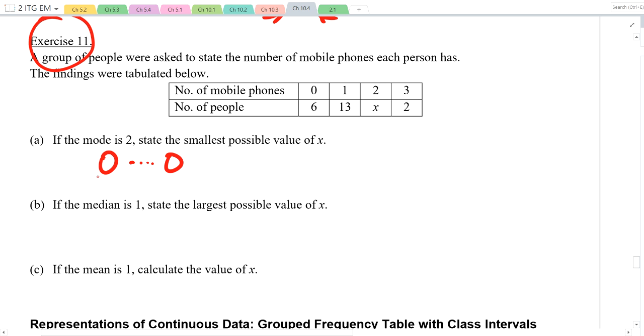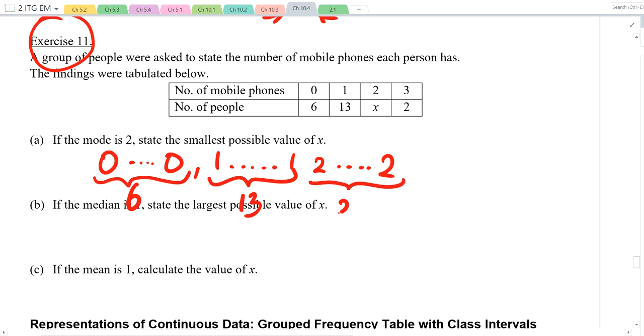Dot, 0. How many are there over here? 6. What's the next number? 1. How many are there? There are 13 over here. What's the next number? 2. How many are there? X number of them. I don't know how many. The next one? 3. How many? I might as well just write out, right? Correct? So there are 2 of them.